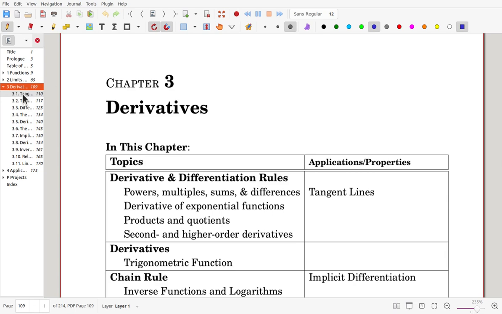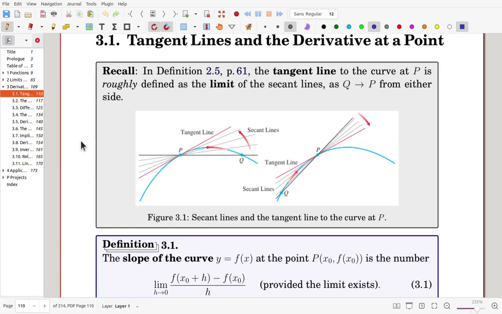Okay, let's begin section 3.1, tangent lines and the derivative at a point. Earlier, we defined the tangent line roughly as the limit of the secant lines as Q approaches P. For a given point P, you can put another point Q near P and make a secant line.